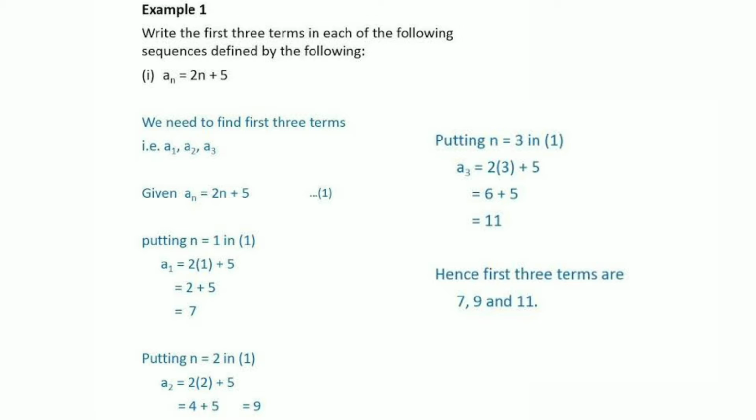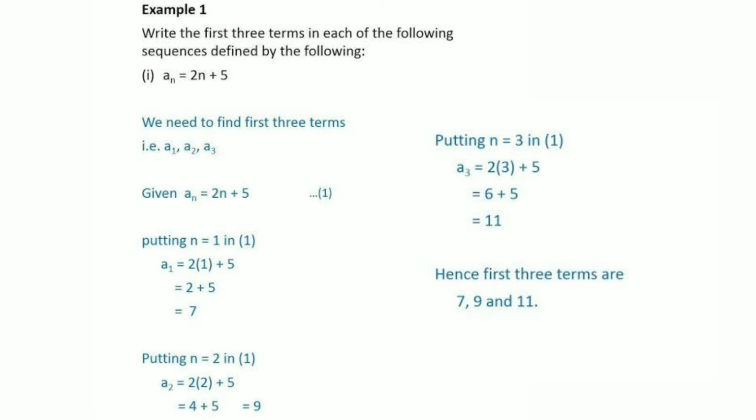Putting n equal to 1 in the first equation, we get a1 equal to 2 into 1 plus 5. 2 into 1 equal to 2, plus 5, equal to 7.